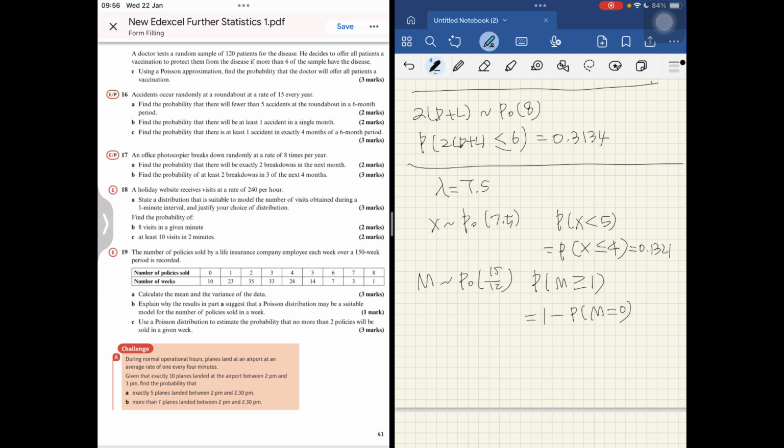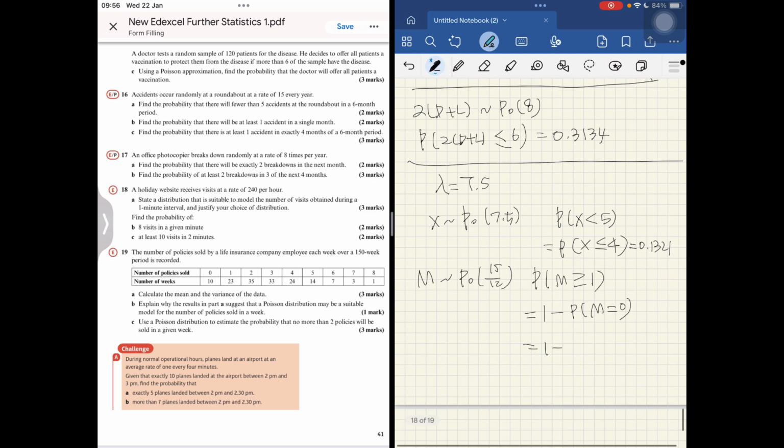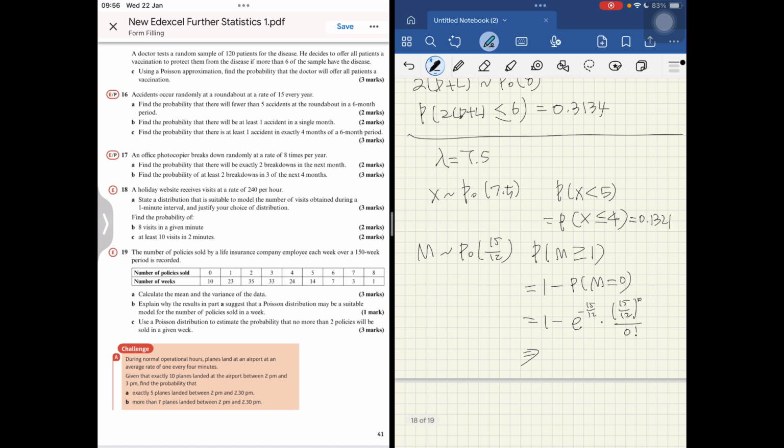So 1 minus e to the power of negative 15 over 12 times 15 over 12 to the power of 0 over 0 factorial. You can calculate it.